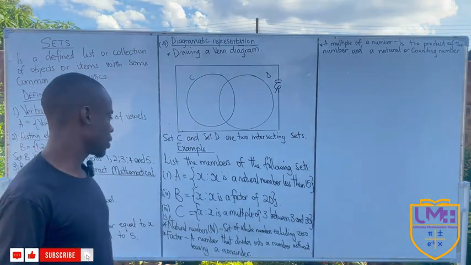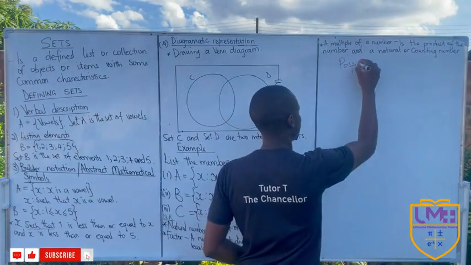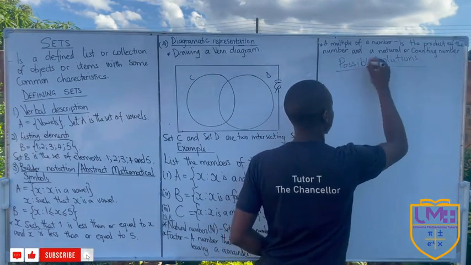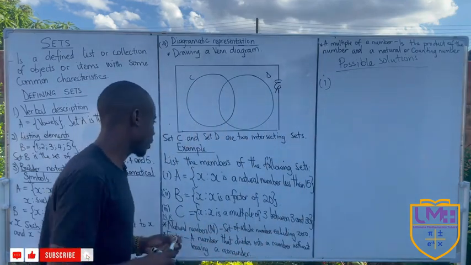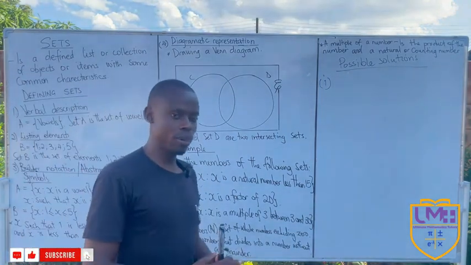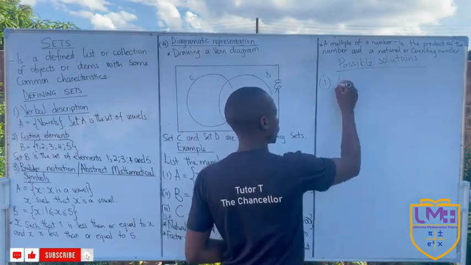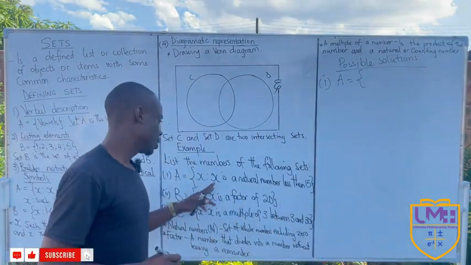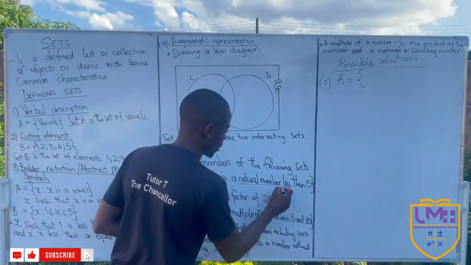Let us answer item 1, item 2, and item 3 together. Item 1: we want to list the members of set A. You are told that x is a natural number.